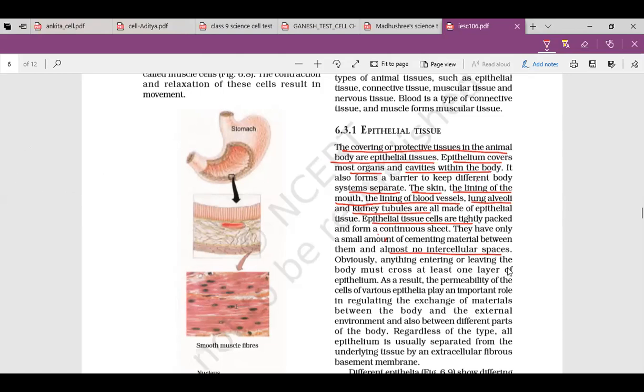As a result, the permeability of the cells of various epithelia plays an important role. Some of them are selectively permeable, some are completely permeable, because they have to allow substances to pass through these layers. Which substances have to pass through and which do not, for that different layered epithelia are present.